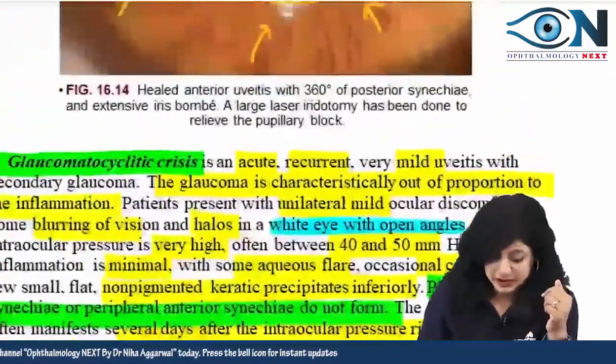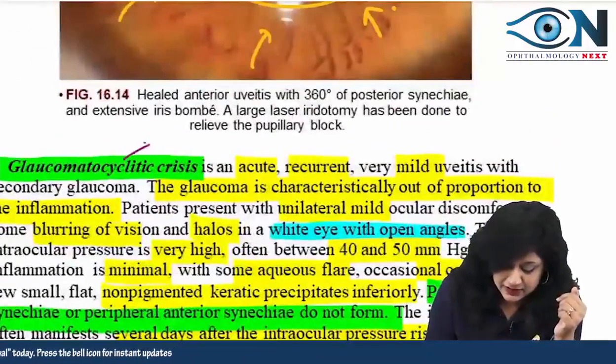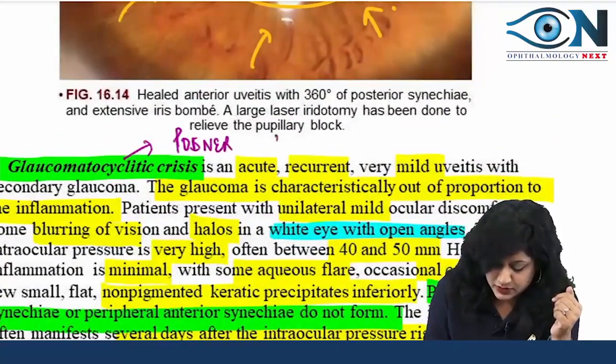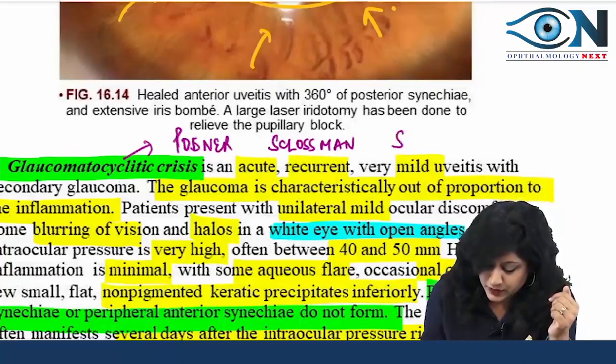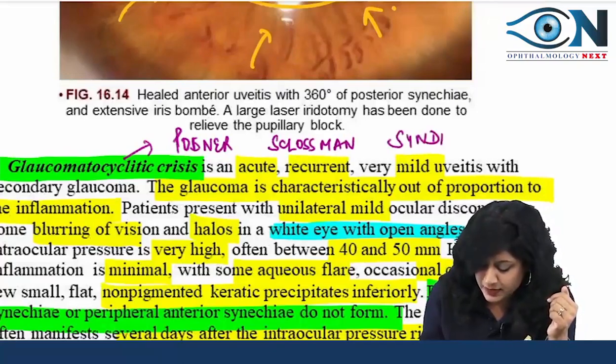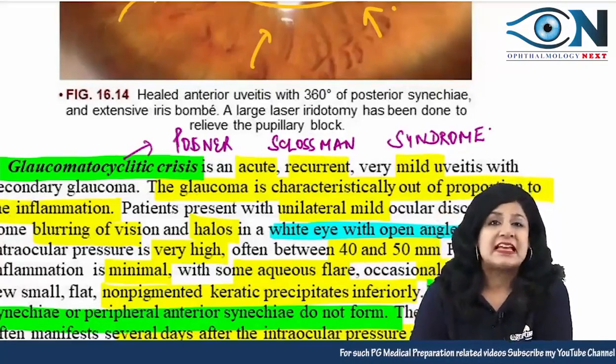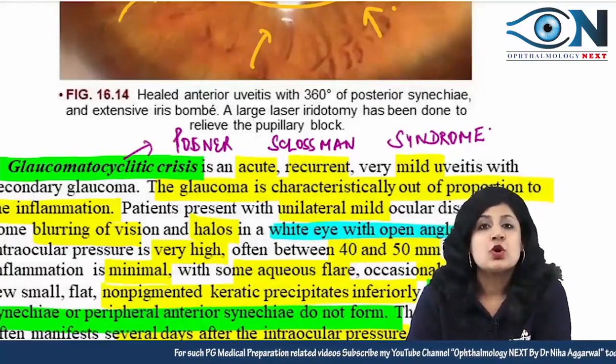They have not mentioned it, but its other name is Posner-Schlossman syndrome. So, at times you may get this question as Posner-Schlossman syndrome. It is glaucomatocyclitic crisis, so go by the name.